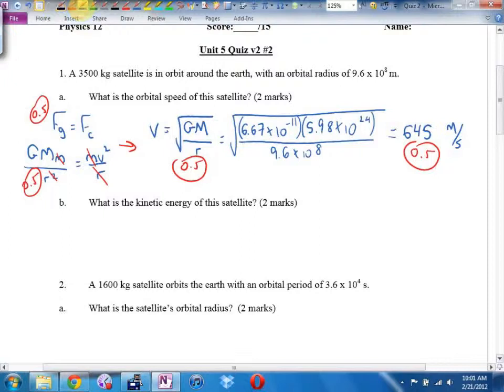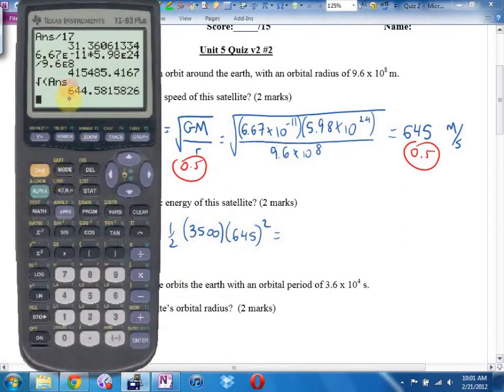B, what's the kinetic energy? Well, kinetic energy hasn't changed since physics 11. It's a half mv squared. It's a half little m. What's moving? The 3500. 645 squared, but I'm going to use the exact value I have on my calculator here. Squared times 3500 times a half.